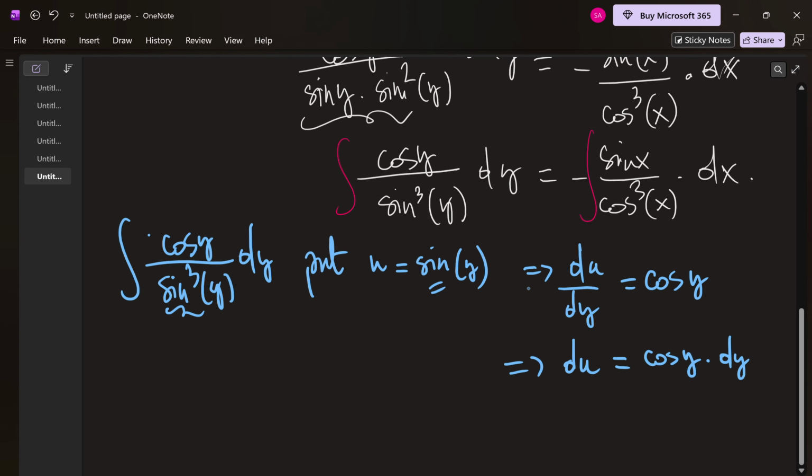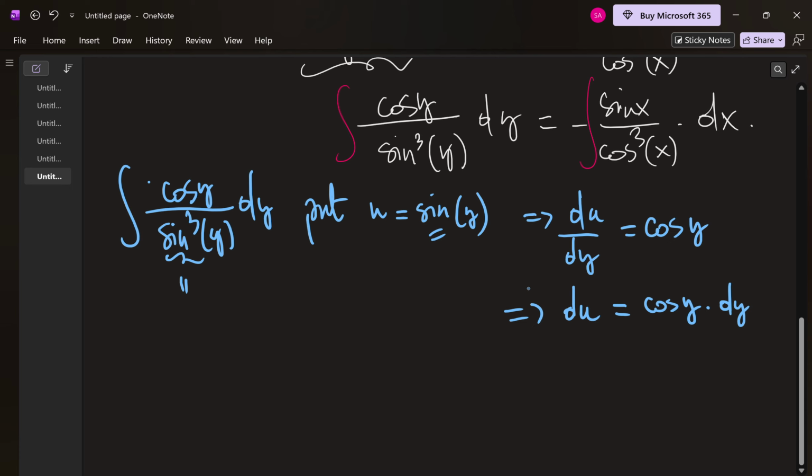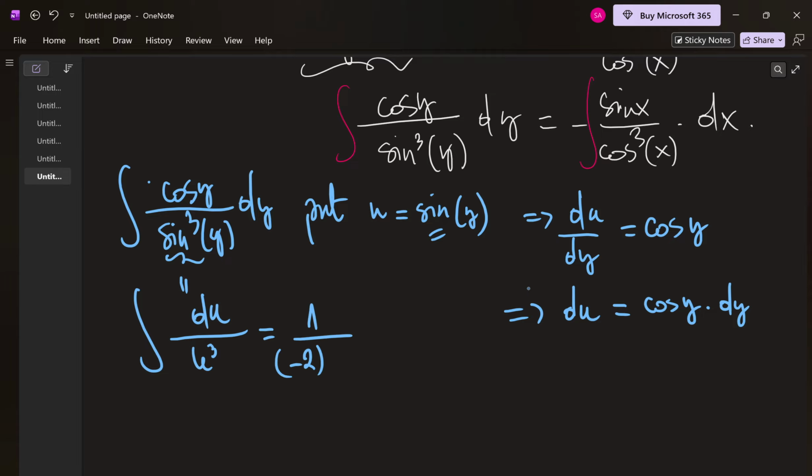Hence this integral actually becomes du over u to the power 3, and this is actually equal to 1 over minus 2 times u squared. Now you return back to your first variables. So this is 1 over minus 2 times sine y, squared.